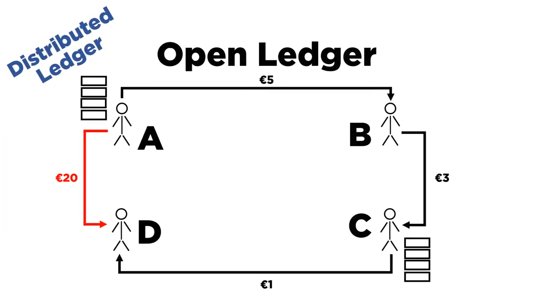But this also creates a problem. If anyone can have the copy of the ledger, then to maintain the accuracy, all the copies need to be exactly the same. Any change occurring in the open ledger needs to be recorded at the same time in all copies that the network participants possess.